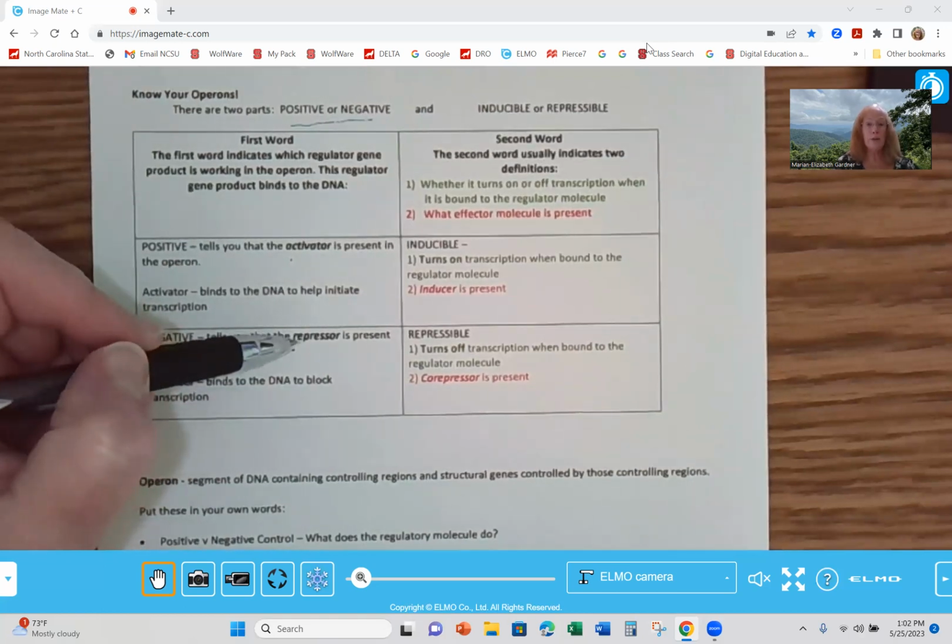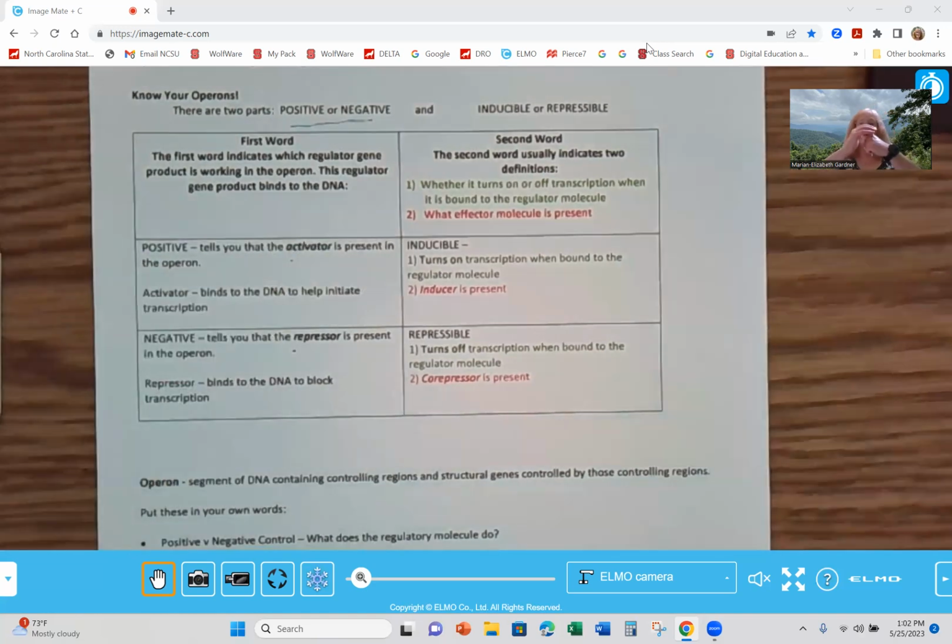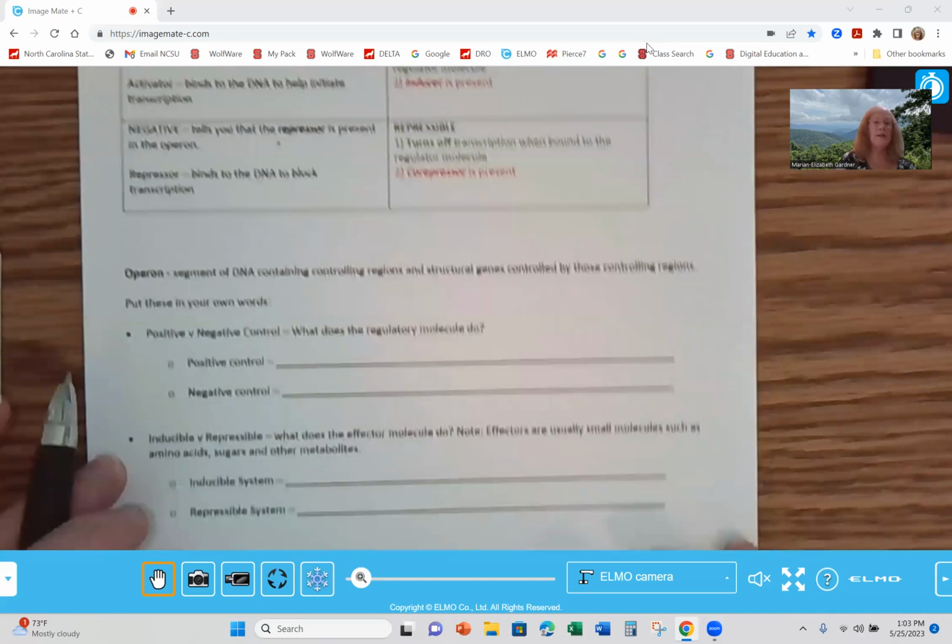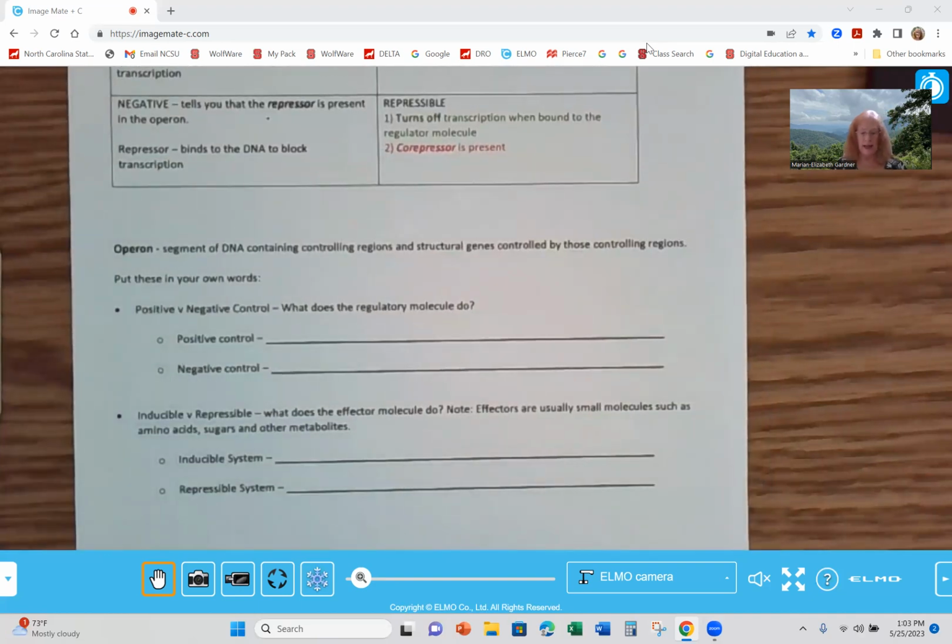When we have inducible control, when the two molecules bind, then that means the inducer is our small molecule, it's present, and when that binds, it can cause transcription to occur. When we have repressible control, when our two molecules are present and our co-repressor binds, it causes transcription to turn off.